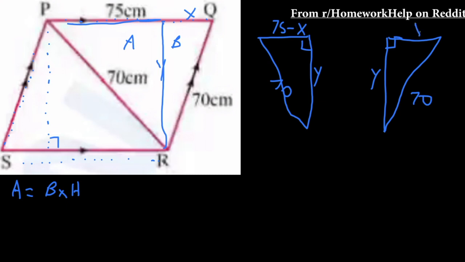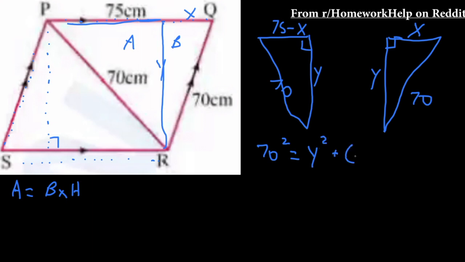So that's X. From here, we're going to use the Pythagorean theorem. That's when you have a squared plus b squared equals c squared, where c is the hypotenuse. So c squared, 70 squared, equals y squared plus (75 minus x) squared.